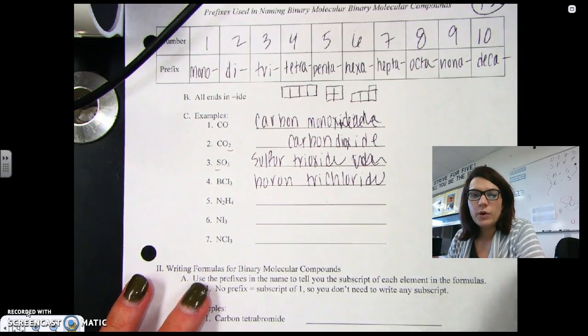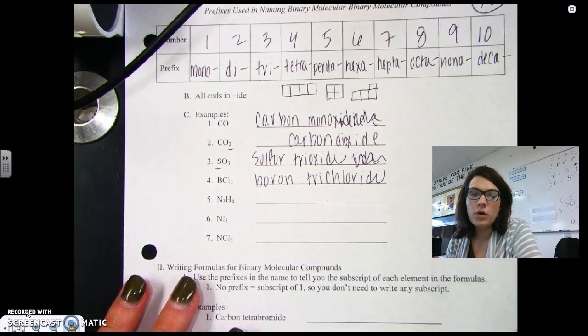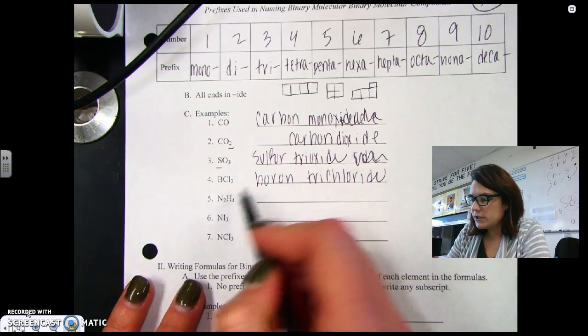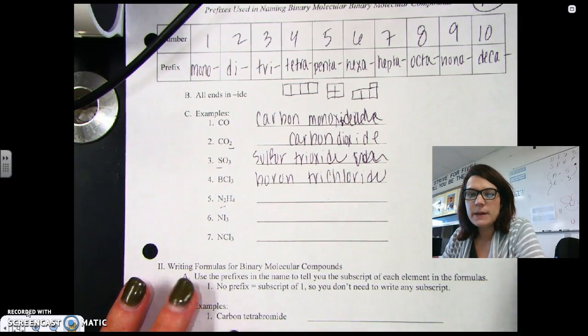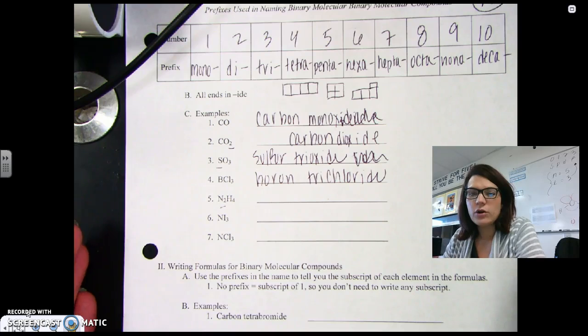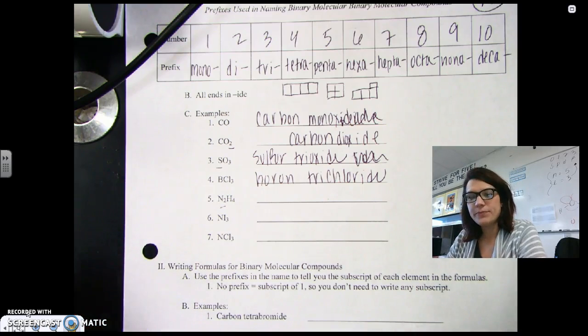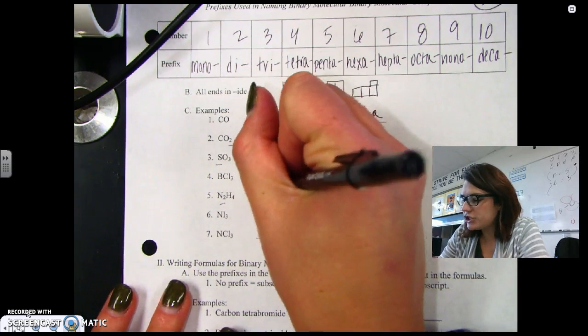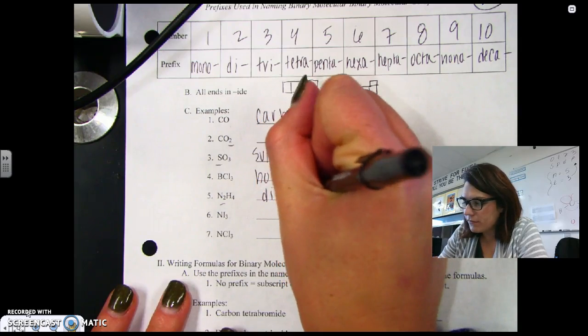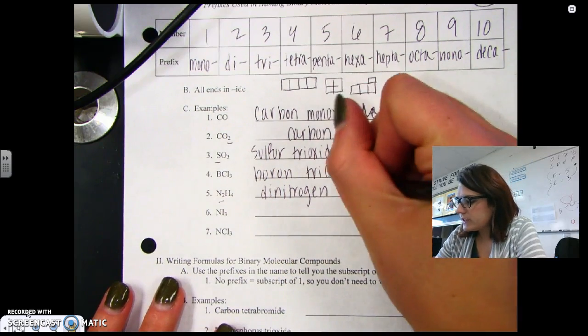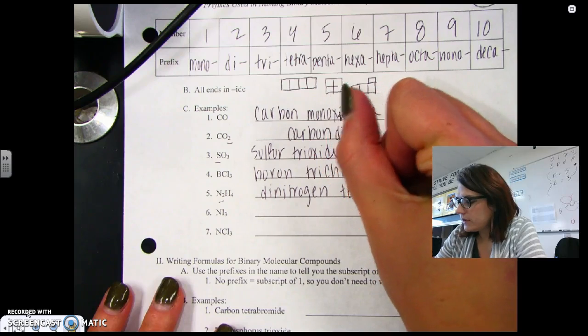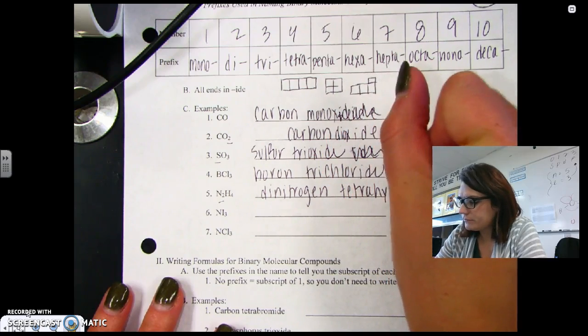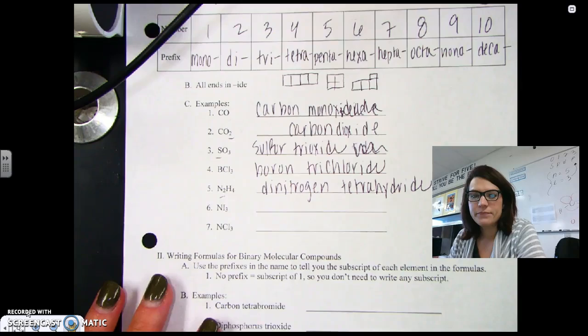Okay, one that's not mono, or 1 as the first one. Since there's 2, I need to specify that there's 2 because our 1 is already just with the name. Okay, so this will be dinitrogen tetrahydride. Okay.